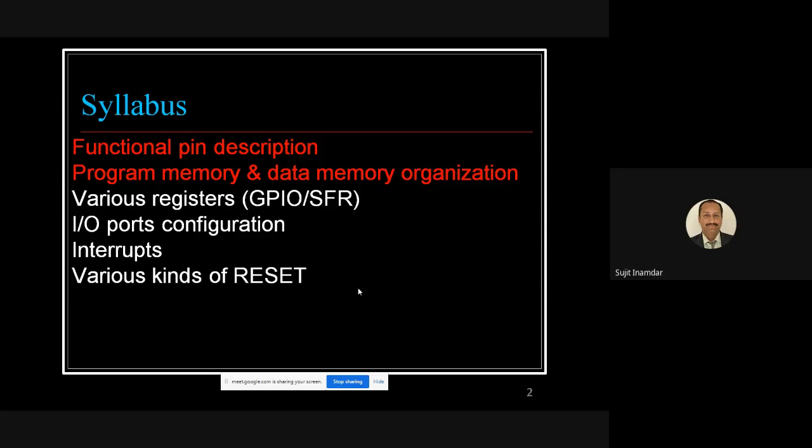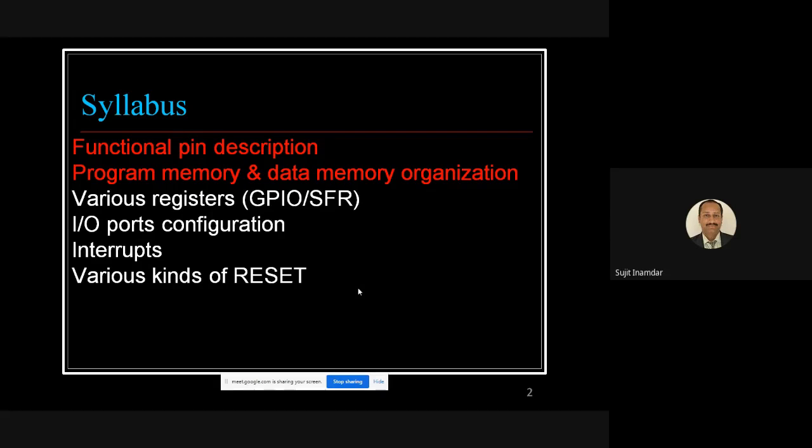If you compare with the 8051, it is the ROM, and data memory is the familiar RAM. So in this PIC, how many memories are present and how they are going to be used, that we are supposed to check under this.